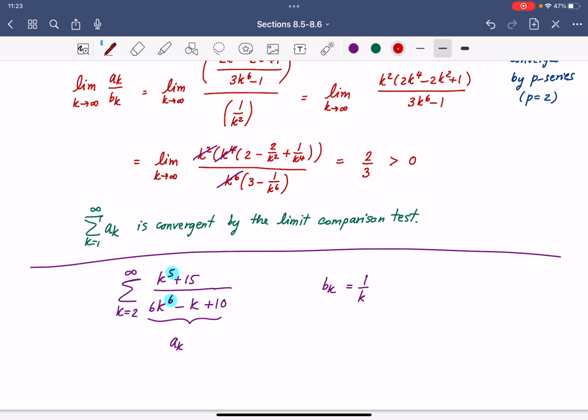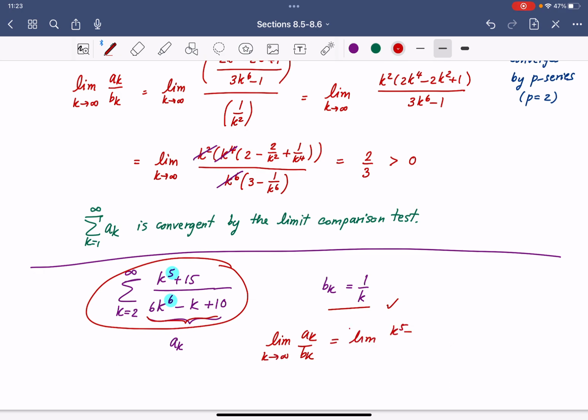You have ak here already, and bk here. This is a good move because you pick 1 over k, and then you take the limit of ak over bk, which is the limit of (k to the 5th power plus 15) over (6k to the 6 minus k plus 10), times k. So actually, at the end, the limit should be 1 over 6, right? Which is greater than 0.